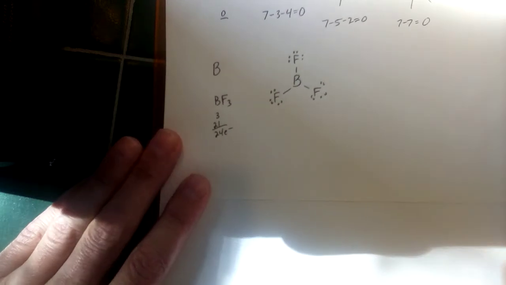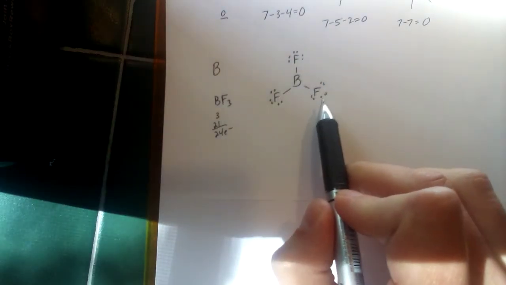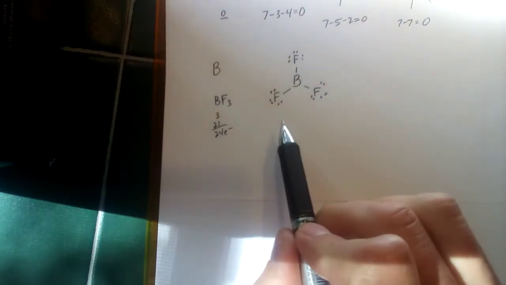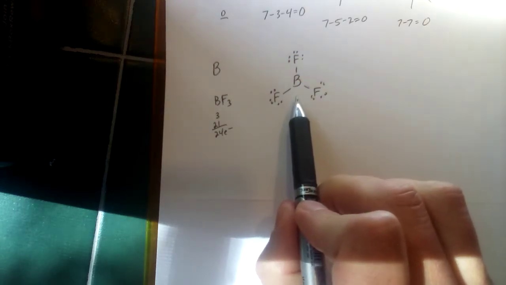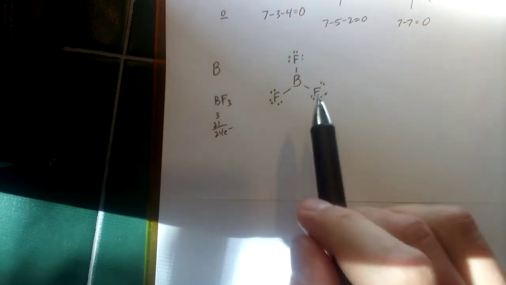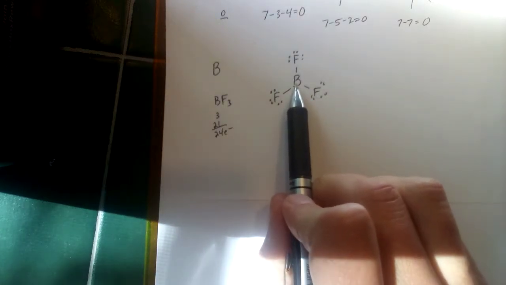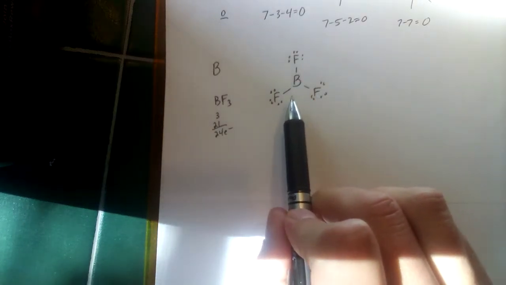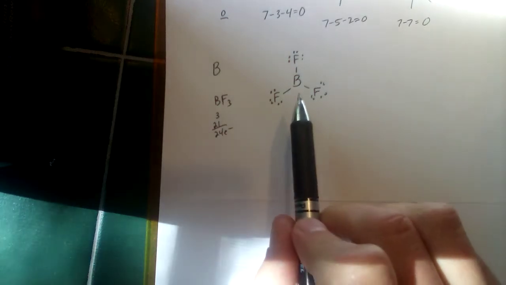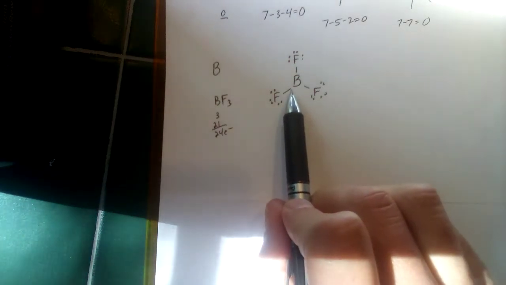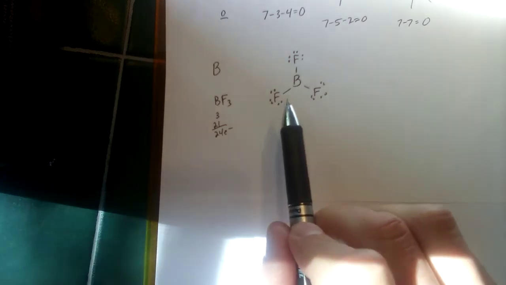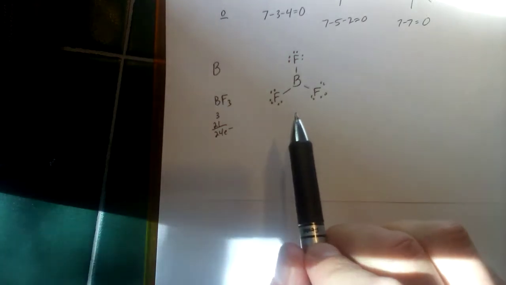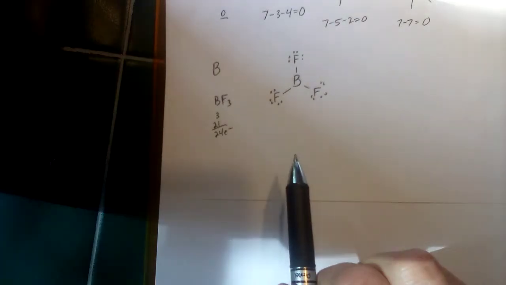Right, like so. That gives an octet to each fluorine, gives a 0 formal charge to each fluorine, right? But we don't have an octet on the boron. But this is what we're on the lookout for. This is the most stable and the best representation of this molecule, just based on the fact that boron only brings 3 valence electrons into bonding, which means in a lot of cases, boron is only going to end up making 3 bonds.